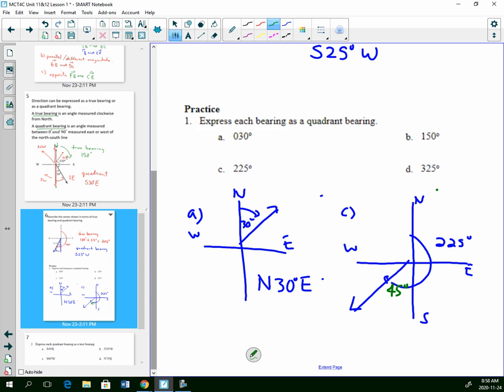So if I do 225 minus 180, this is the difference, right? It's 180 to here. So if this is 225 and I subtract 180, I'll be able to figure out that angle. So the quadrant bearing would be south 45 degrees towards the west. Okay? So that would be a quadrant bearing.